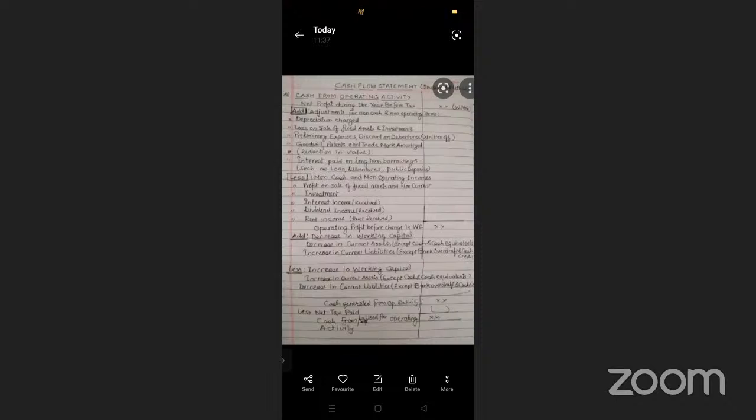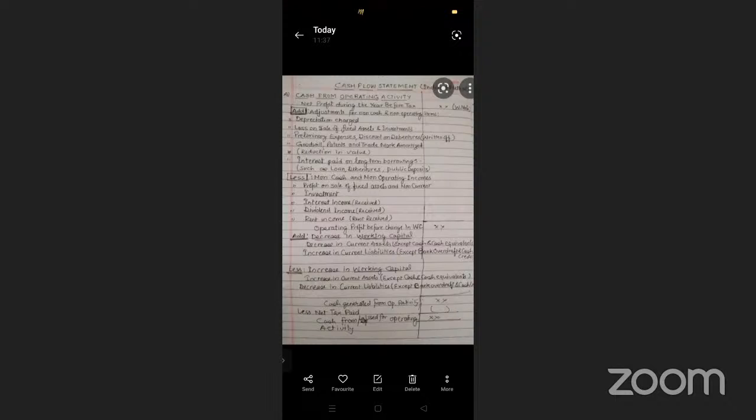If they have not given operating profit directly, and they give only the profit and loss account and ask us to find the cash flow statement, then from that we prepare cash from operating activities. So look here: net profit during the year, that is the profit before paying tax, will be our first point written here.